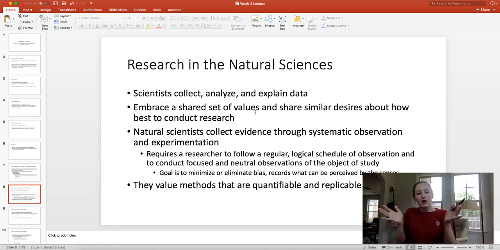All natural scientists collect evidence through systematic observation and experimentation. They all have similar values that you'll see in their writing, and it's very organized. It's systematic. There are steps involved. There's a lot of organization. A researcher in the natural sciences will follow a regular and logical schedule of observation, so nothing is left up to chance.